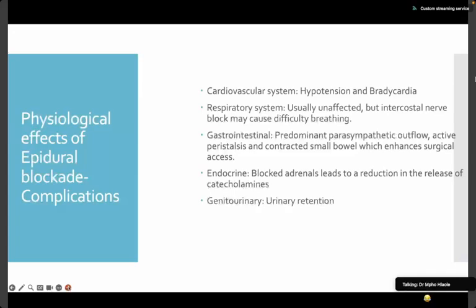When it comes to the endocrine system, the only thing we don't like is that your adrenal glands will be blocked. If you have a patient where you want those catecholamines to be working for you, you might block the release of them because you've blocked those nerves. In the genitourinary system, patients tend to experience urinary retention with the epidural blockage.